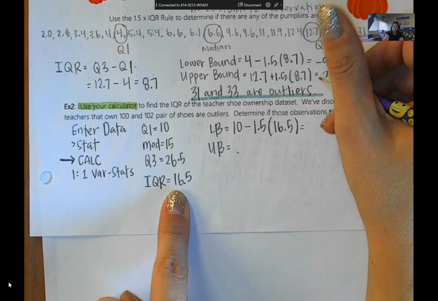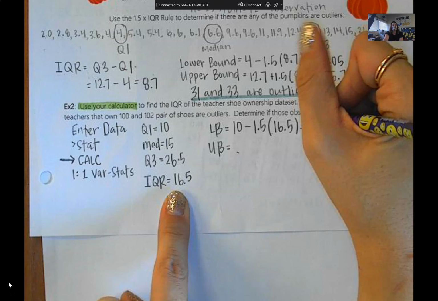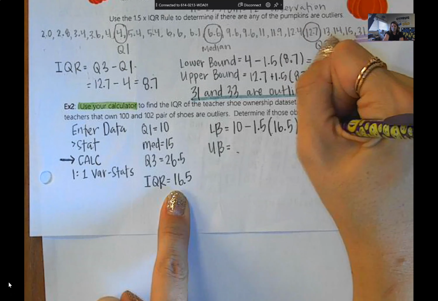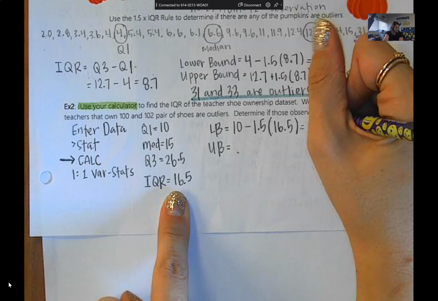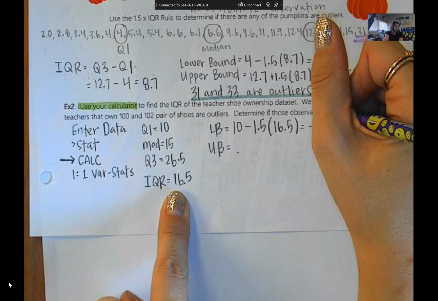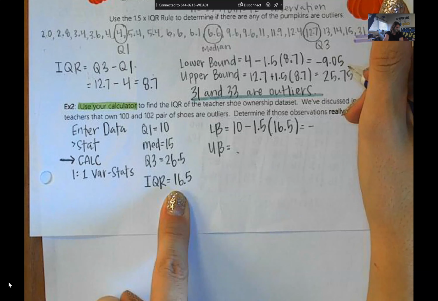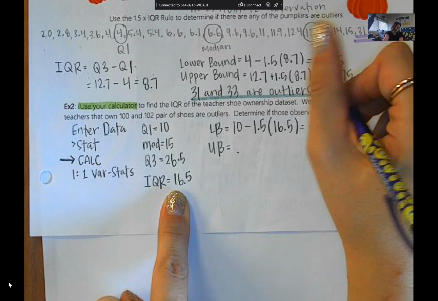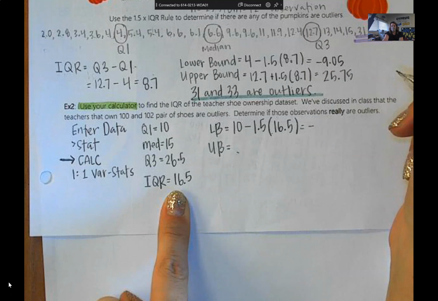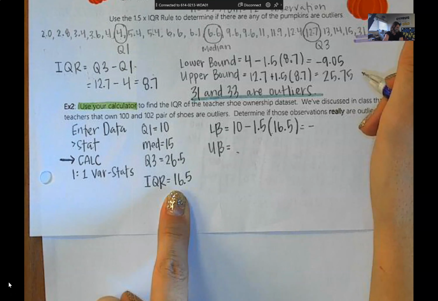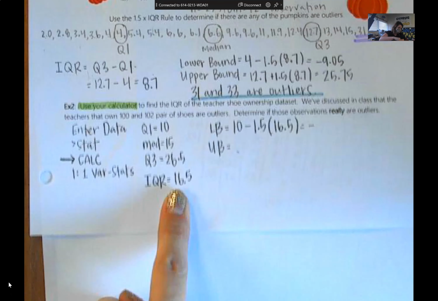Anybody get it yet? Georgia? I think it might be a little lower than that. Negative 14.75. I'm getting 23. I must have plugged something in wrong.